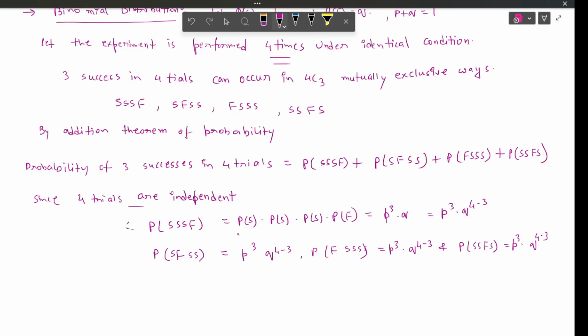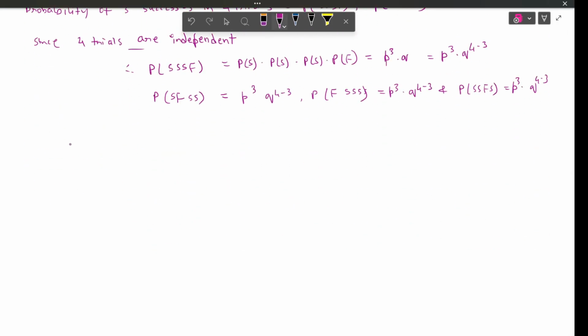So we can say probability of 3 successes in 4 trials, that should be, we have to add all those things, right?